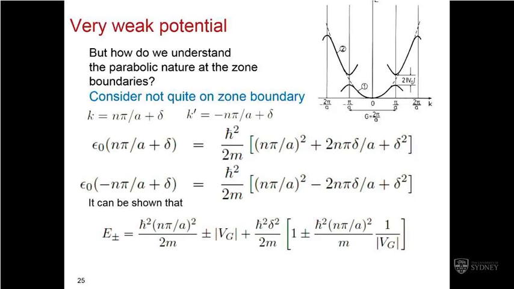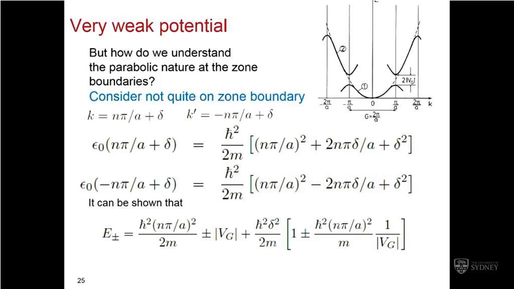This working is also done in your Oxford Solid State Basics book, so I refer to that here. But what we're going to do is consider that you are at a position not quite on the zone boundary, not exactly at pi on a, but just delta, a small distance away from it.